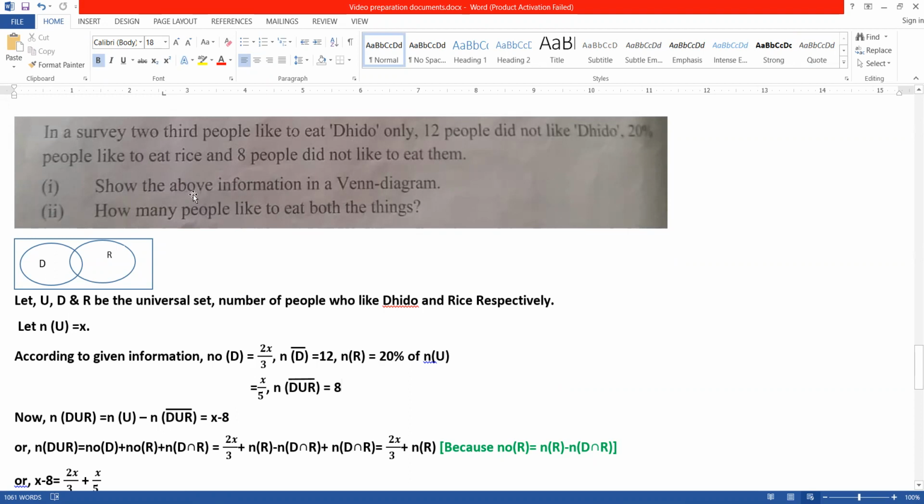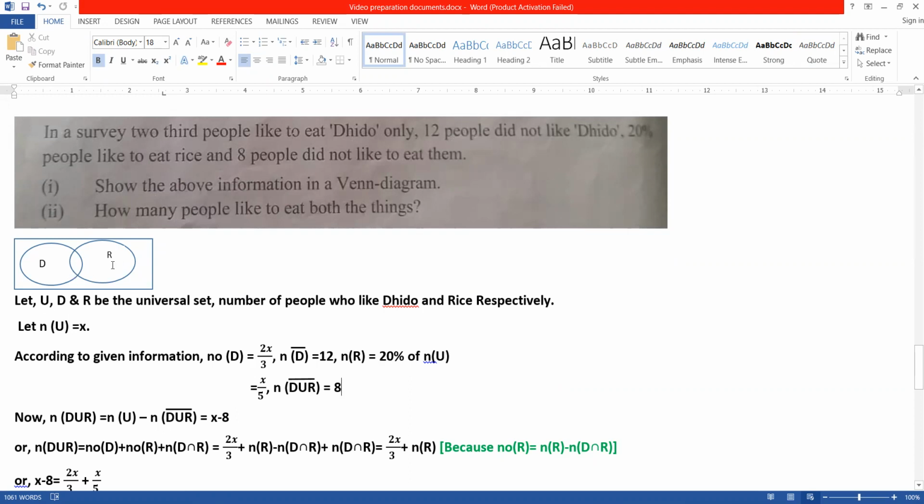So we have to provide the information given here through a Venn diagram. And we have to find the people who like to eat both things, that is the intersection. Like to eat both things means intersection. So let's go on accordingly.